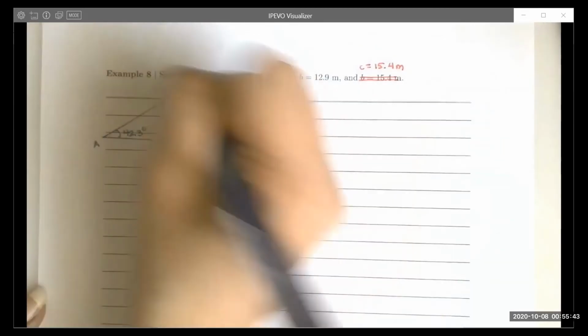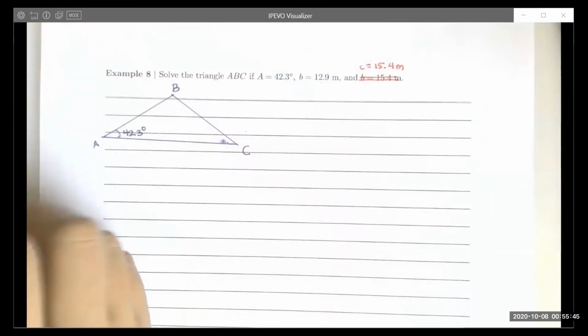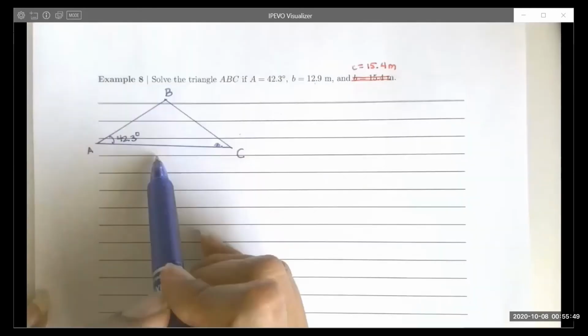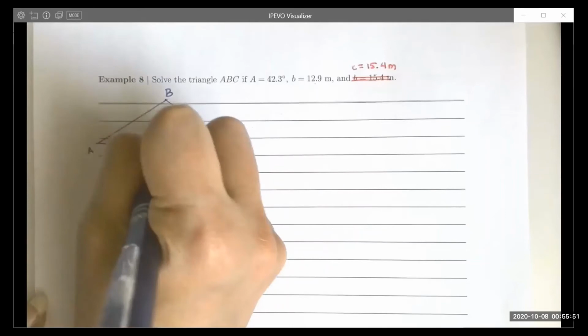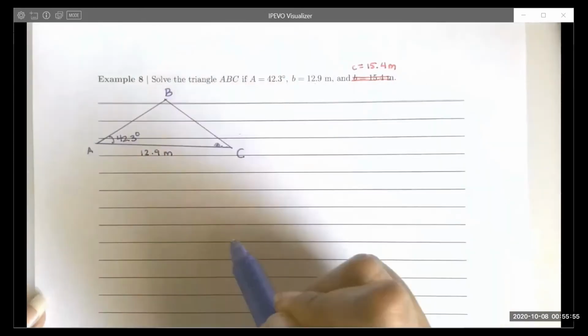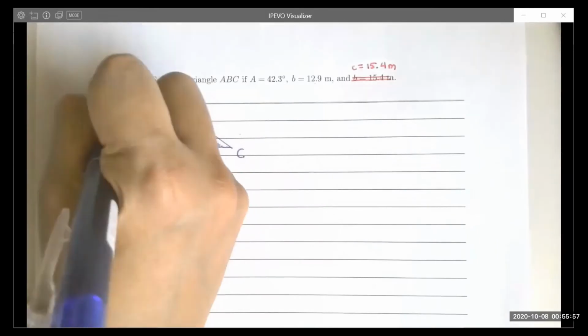I'll call this B and this C. Side B, which is opposite to angle B, is going to be 12.9 meters. Side C, which is opposite to angle C, is 15.4 meters.